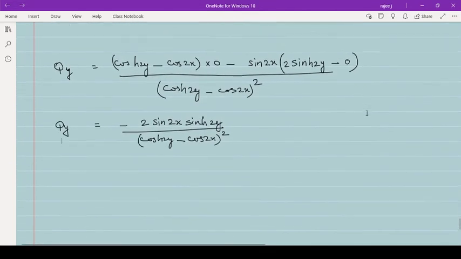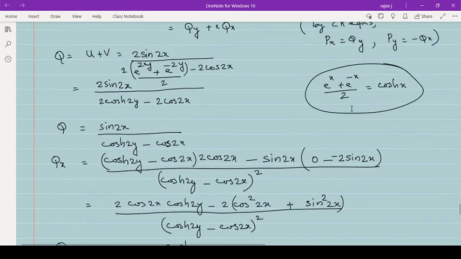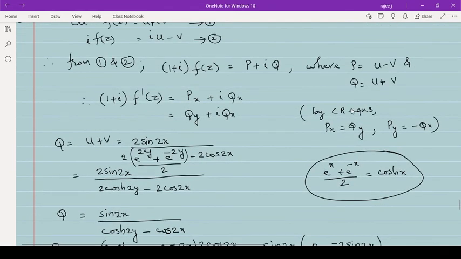Therefore here we have, see, we'll take this as 3.